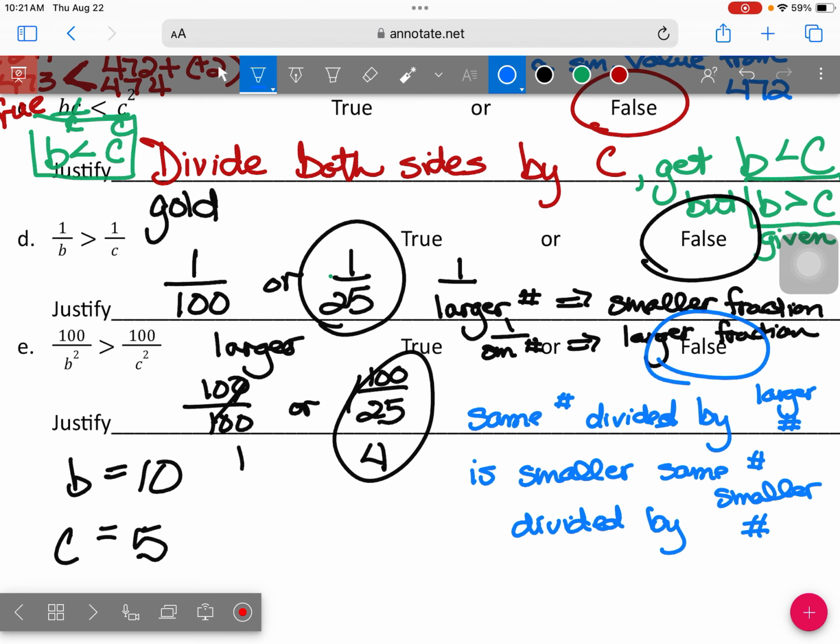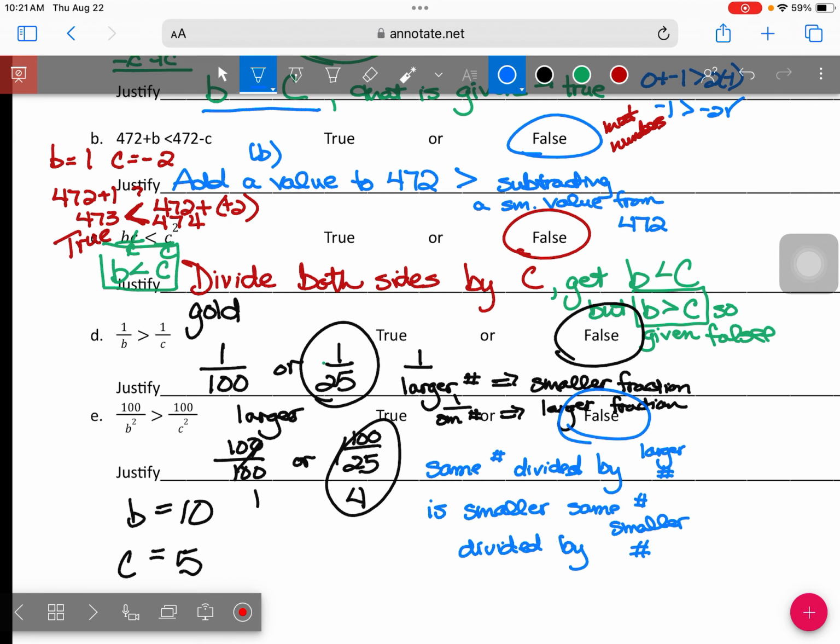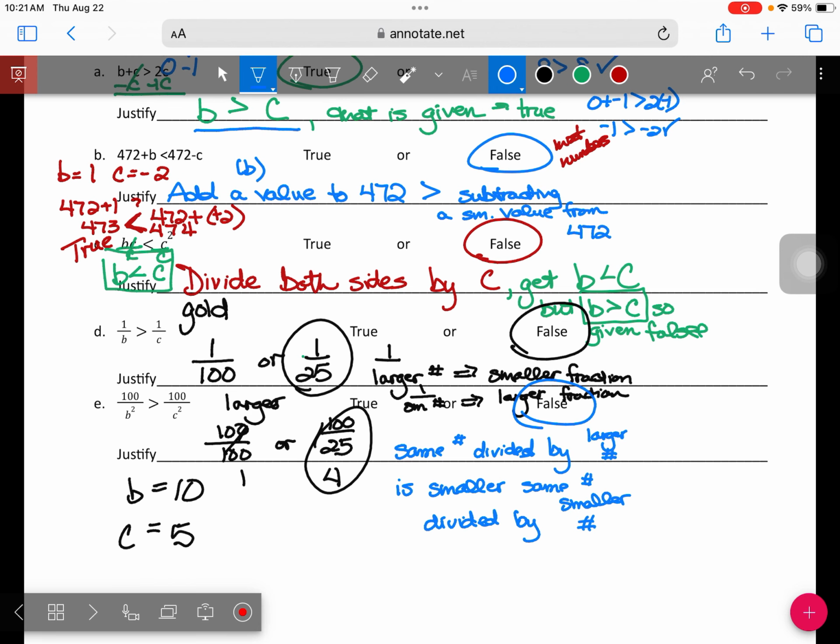Okay? It is a little tedious when you are writing down the justifications. It can be. Okay?